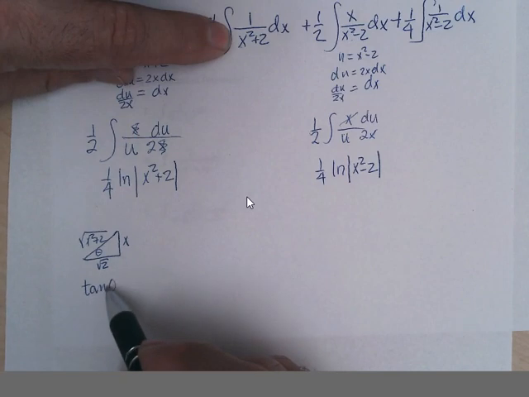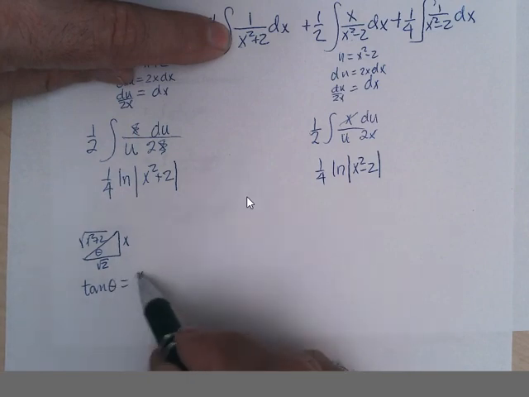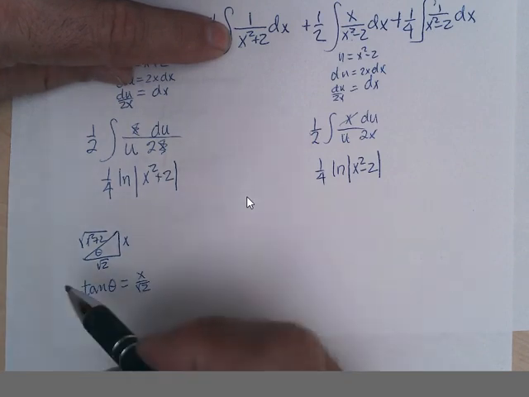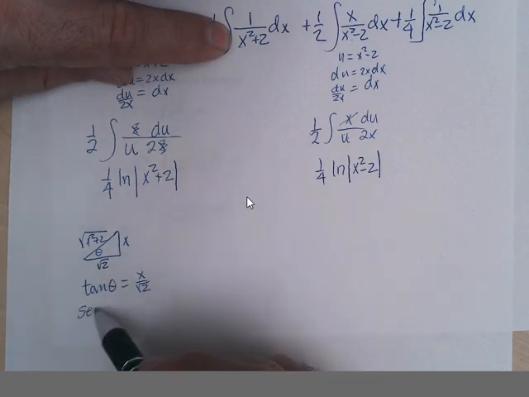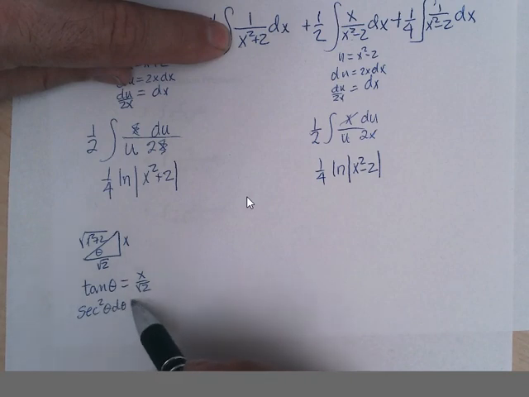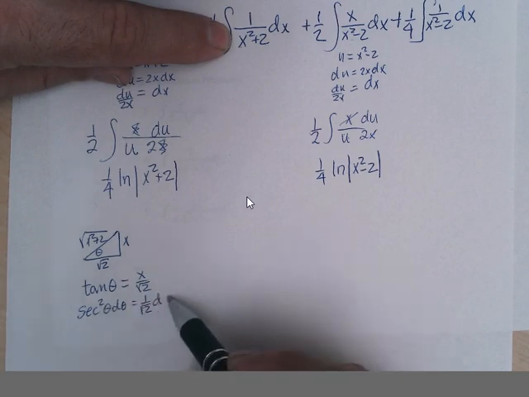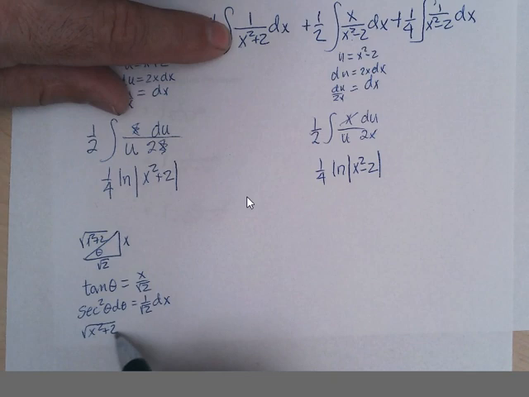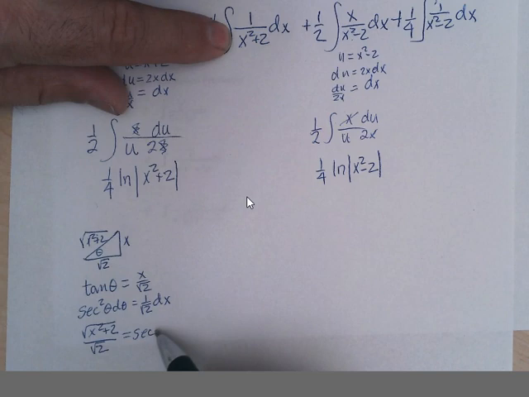Tangent of theta is the simplest, that's x over the square root of 2, and secant squared theta d theta, taking the derivative, is 1 over the square root of 2 dx, and the mess, square root of x squared plus 2 over the square root of 2, this over this, is the secant of theta.